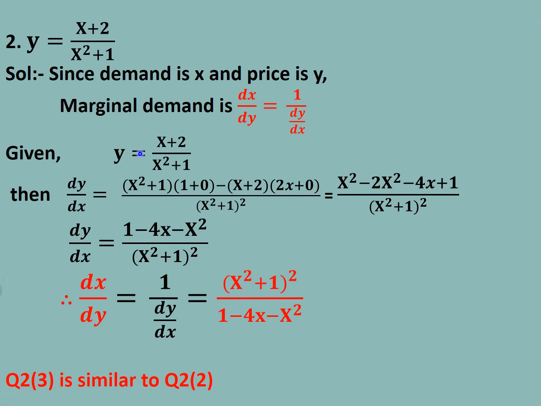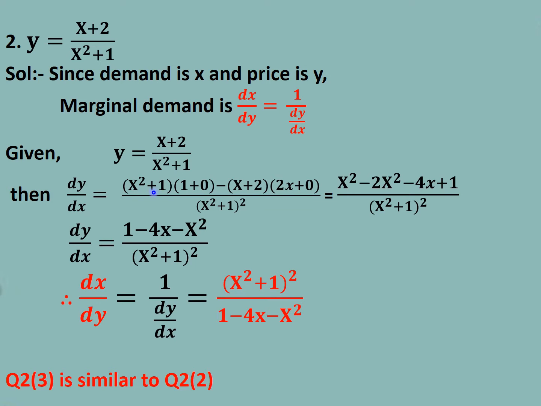Now, y is equal to given function x plus 2 upon x square plus 1. Then dy by dx, that is derivative of y with respect to x. We have to apply the u upon v rule or quotient rule. That means v into derivative of u. U is x plus 2. So its derivative of x is 1 and derivative of 2 is 0.